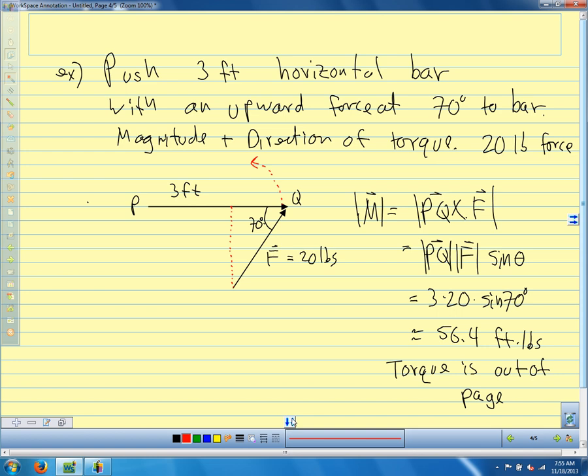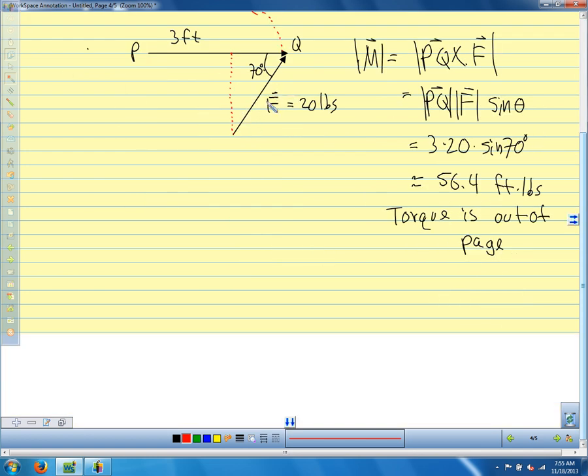If we redraw this diagram, it might be easier to see. If I put PQ and F tail to tail, sometimes that can help. Here is PQ, and here is F, and this is our angle, 70 degrees.